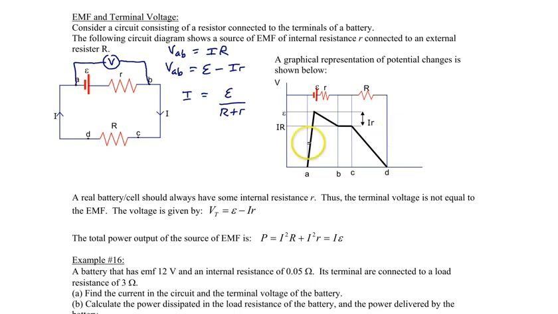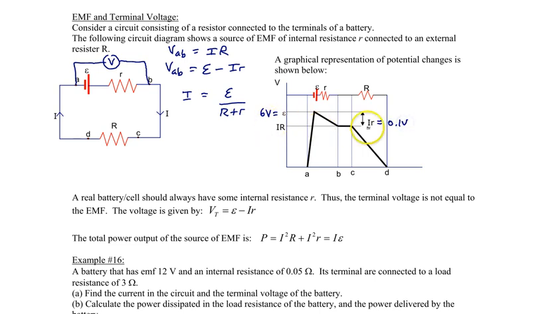Looking at the graph to the right, this shows you a schematic diagram of how the potential changes over a particular cycle. If we start here at A, and we assume the potential at A is 0, it grows across the EMF, it'll pump up to, let's just give an example, 6 volts. Then there will be some voltage drop within the battery. Let's say that is a 0.1 volt potential drop.